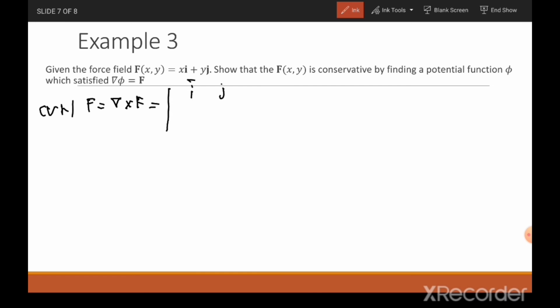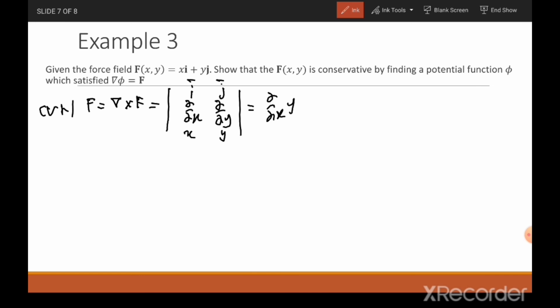So the formula is in the matrix form. Okay, d dx and this one is d dy. Okay, so d dx is x, for vector j is y. So when you get this form, I think you know what you need to do.